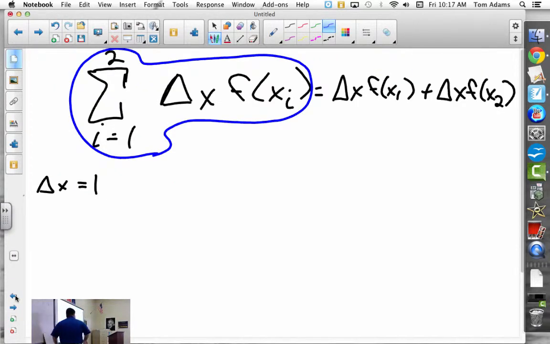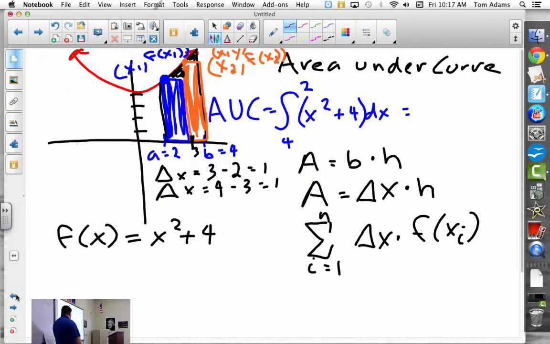You want to stop here? Nice try. Back to the problem at hand. We're trying to calculate the area under the curve by finding the area of the two rectangles that are bound by the function x squared plus 4. And this is where we're at. So, how do I find this number? Well, we've got to come back here.